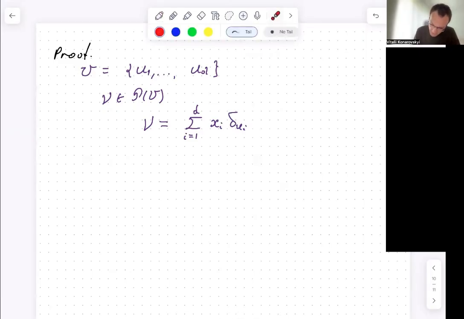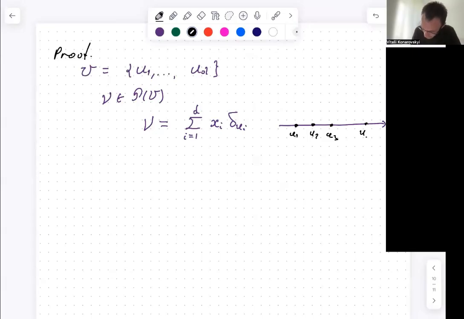So actually every measure here you can write in this form, where you need to think about that measure as follows. You have d points: u1, u2, u3, up to ud. Here I put them probably uniformly, but it doesn't matter where they are; they are just some points.